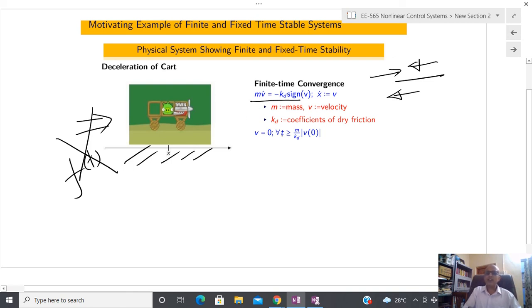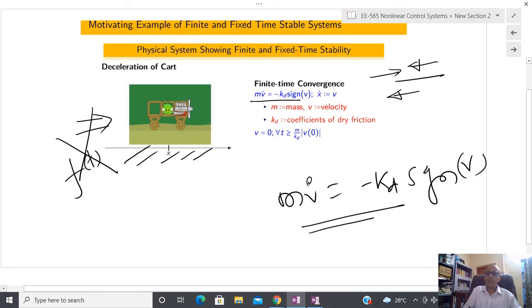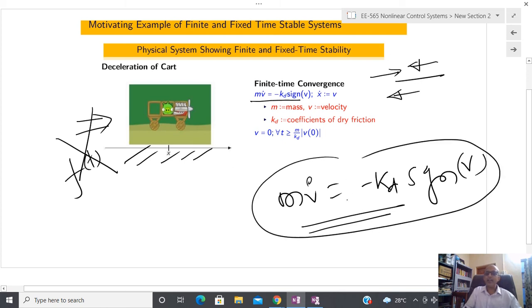So this is the mathematical model if you remove the external force. So with the help of dry friction, we have this kind of model. If you solve this equation, it is possible to show that within this time this cart is going to stop.